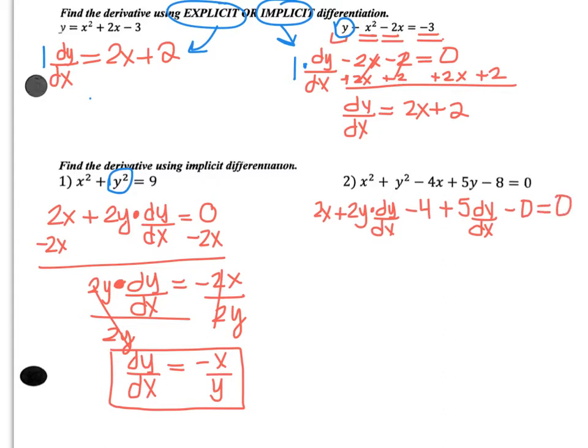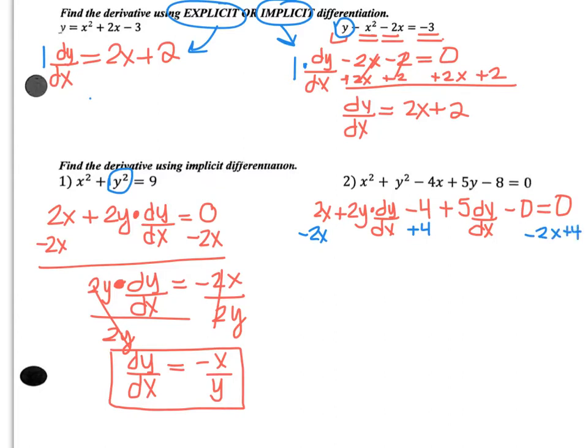So the idea when you have more than one dy/dx, like we have here and here, is we're going to keep these terms on one side and move all the other terms to the other. So realistically, I could subtract 2x, add 4, and I don't need to do anything with the 0. So minus 2x, and then plus 4.